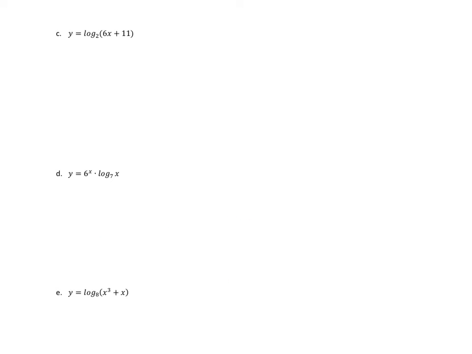In the next example, we have more than just an x inside our logarithm function. Here we have y equal to log base 2 of 6x plus 11. So we're going to have to use the chain rule here when we take the derivative. Y prime is going to be 1 over the natural log of our base, 2, times 1 over, and typically we say 1 over x, but here we have more than just x.